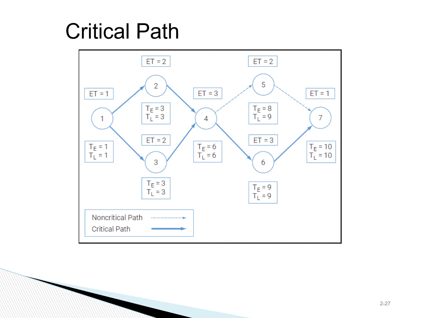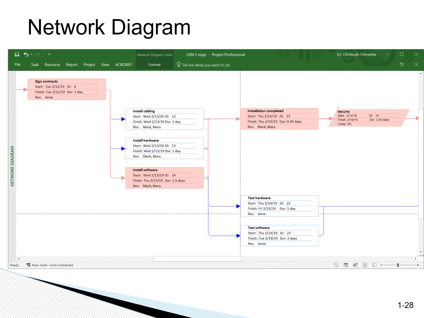We will talk about the critical path more in the future, but I'm just showing you some of the capabilities of Microsoft Project. And similarly, Microsoft Project can produce a network diagram that shows the relationship between the tasks, but also shows which tasks are on the critical path.